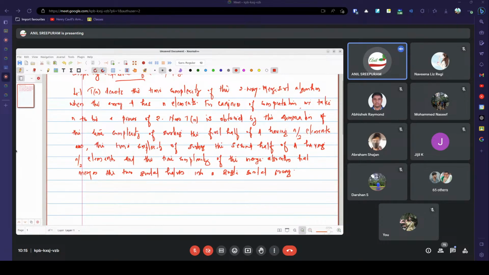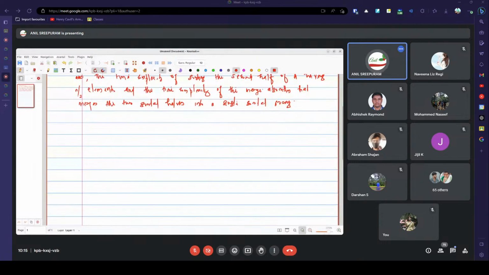So what remains is to find the complexity of the merge. That's not the same in all the cases. It has a best case and a worst case. I'll show you the worst case and the best case. See, let us think about a case where we have an array like this.